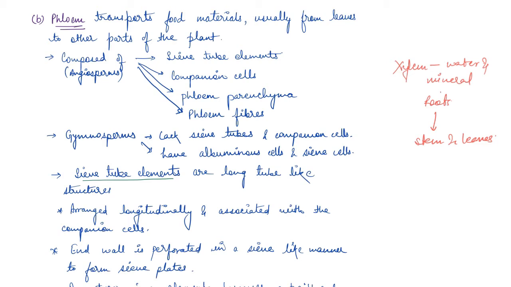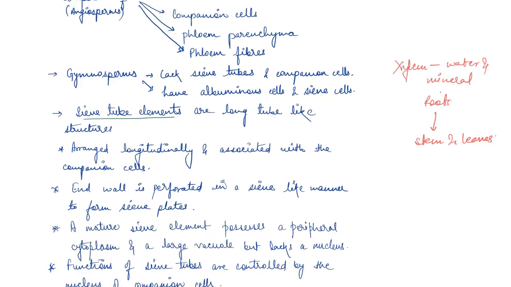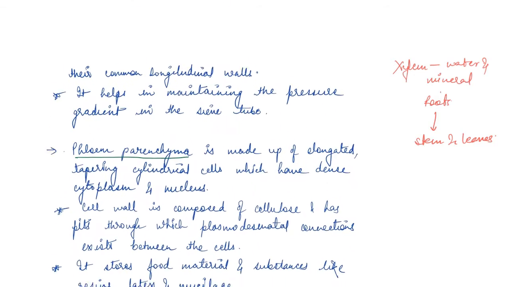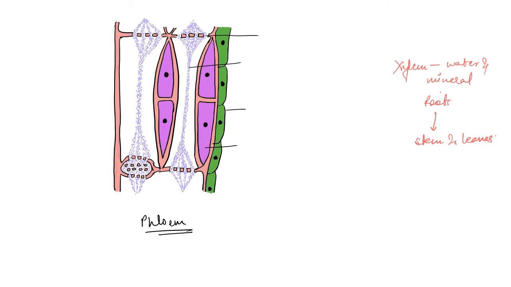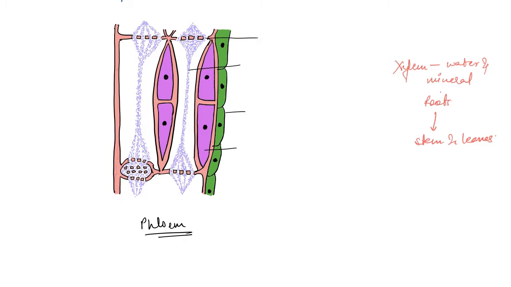Now let's study this with the help of the diagram itself, right? Let's go to the diagram and I'll explain all the elements there. This is the diagram of a phloem. Here, these are the sieve tube elements, right?